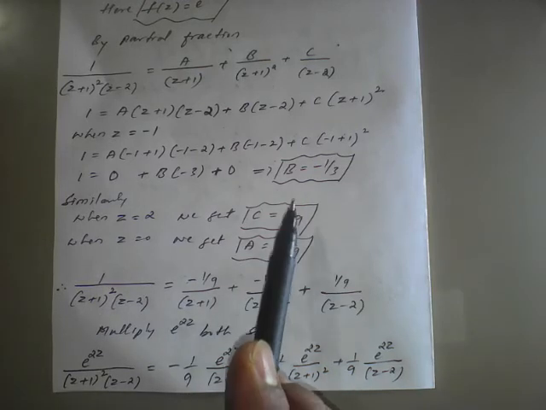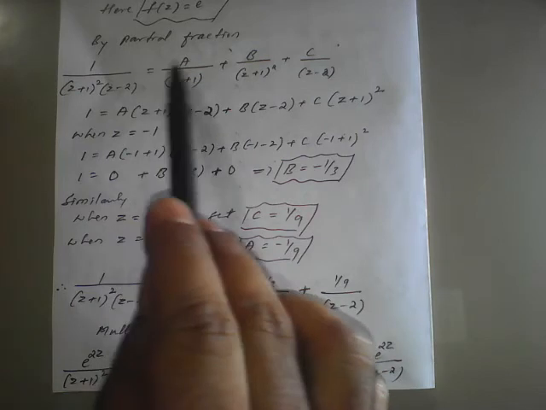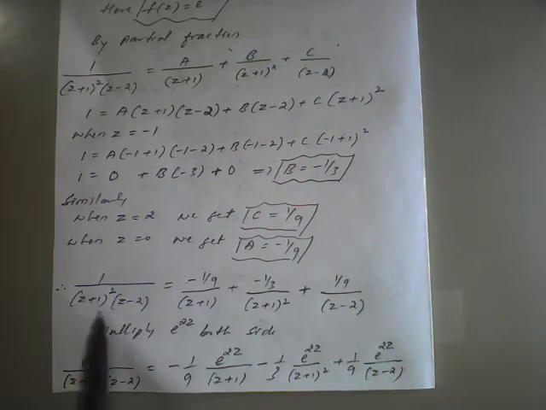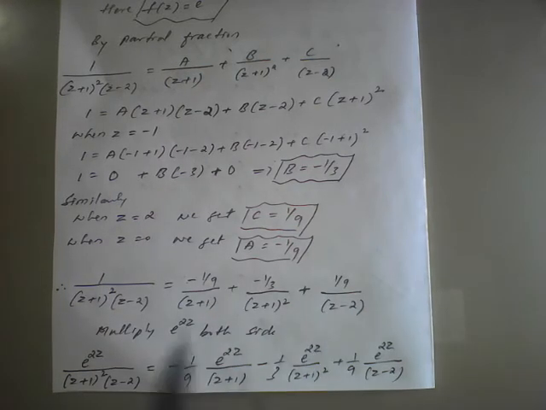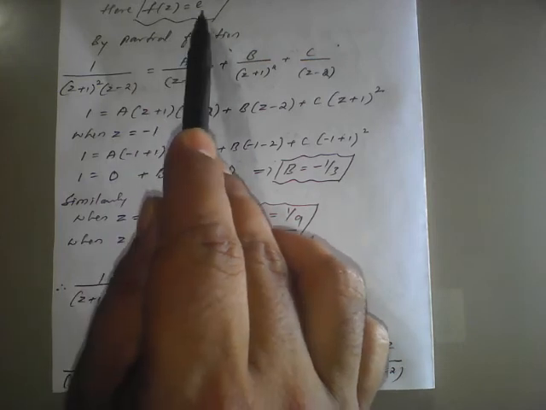apply the values of a, b, c in the given partial fraction form that we have prepared. So the left hand side as it is, on the right hand side you substitute the a value, b value, c value and rearrange it. Before rearranging, multiply e raised to 2z on both sides, because the given function f of z that we have chosen is e raised to 2z.